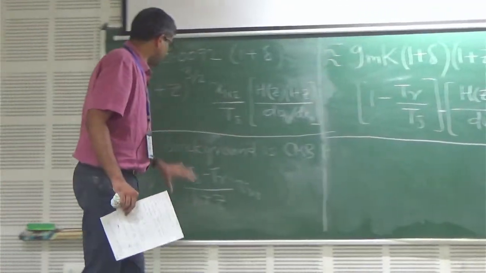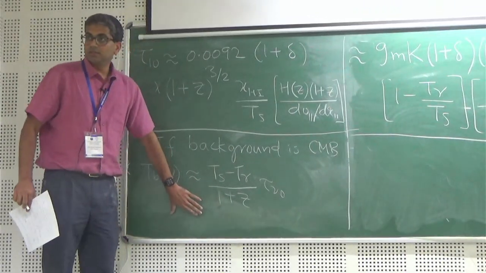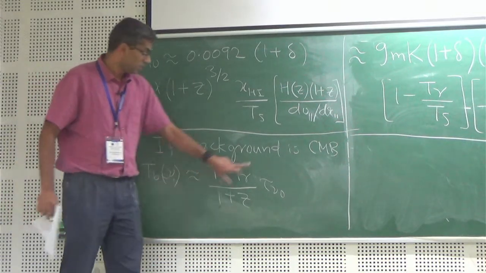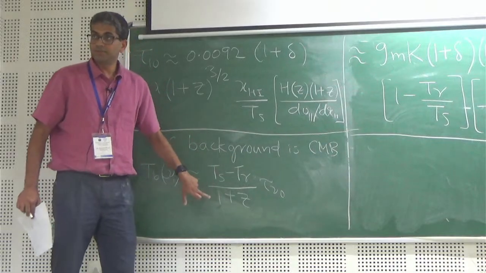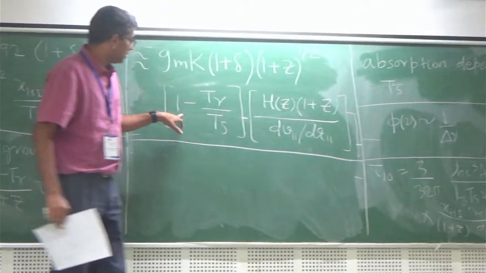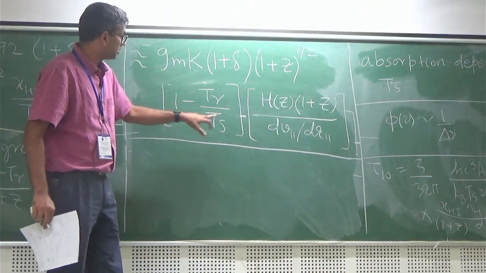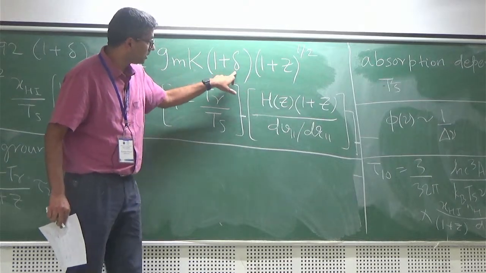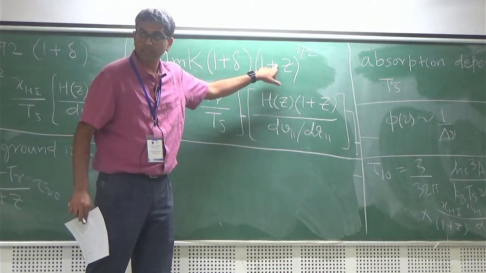Once we had the optical depth, we wrote down the observable brightness temperature. Once we expanded that form, we achieved this quantity here, which has some cosmological terms, namely the density, the peculiar velocity, and the redshift.